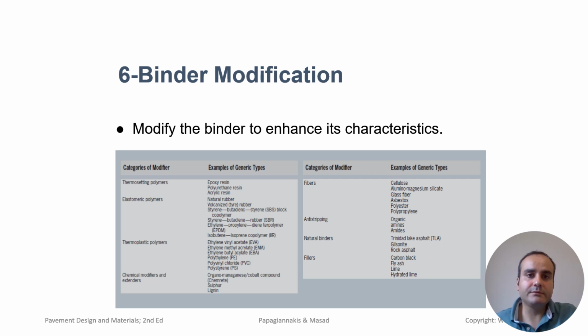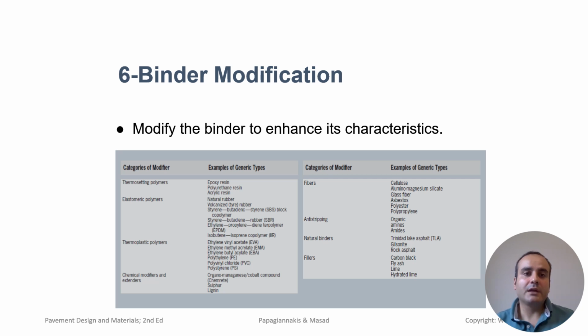Polymers such as SBS are added to the binder to improve its resistance to rutting, cracking, and aging. The inclusion of some modifiers allows the binder to recover more effectively from deformation, making it more resistant to permanent deformation caused by heavy traffic.